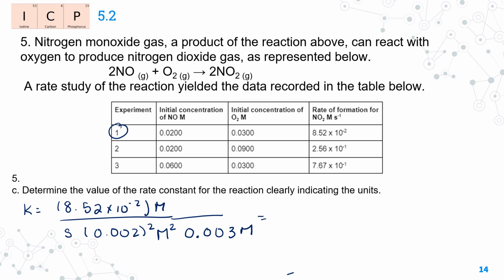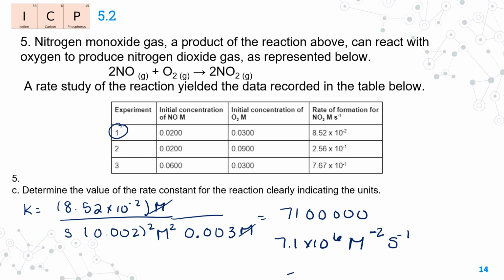Once I put this all in my calculator, I get 7,100,000, or 7.1 times 10 to the 6. And this is going to be molarity per molarity squared per second. This molarity and this molarity are going to cancel. So there's one example of how to solve these problems.